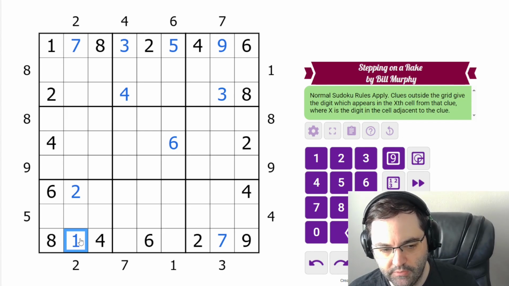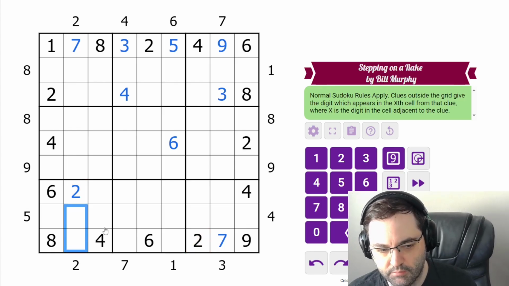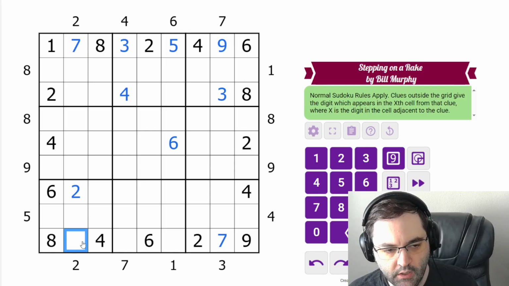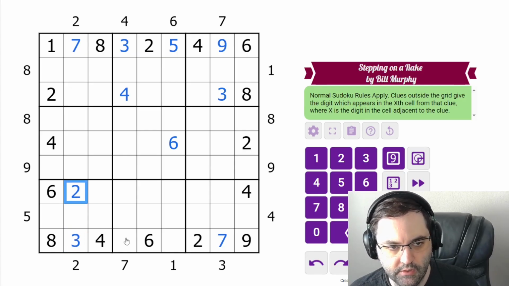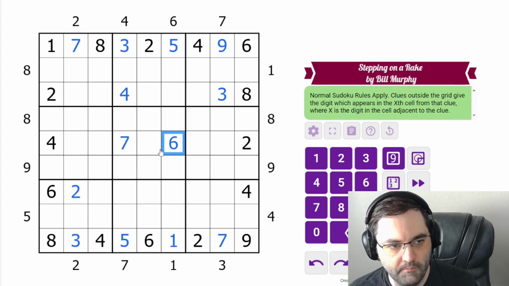So that was another reason we couldn't put 2 here, kind of the opposite. If we put a 2 here, that would be saying 2 appears in the 2nd cell, which breaks also. This is a 3 because we have a 2 here, but the 7, we can't put a 1 because that would be immediately contradictory. So this must be a 1, this must be a 5 with a 7 there.